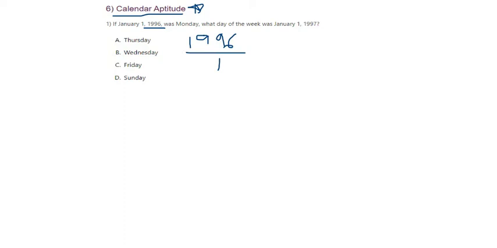When we divide by 4, it is definitely a leap year. Since it is a leap year, always remember it will have 2 odd days.